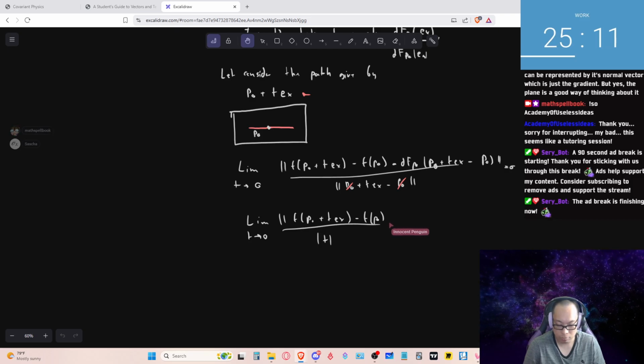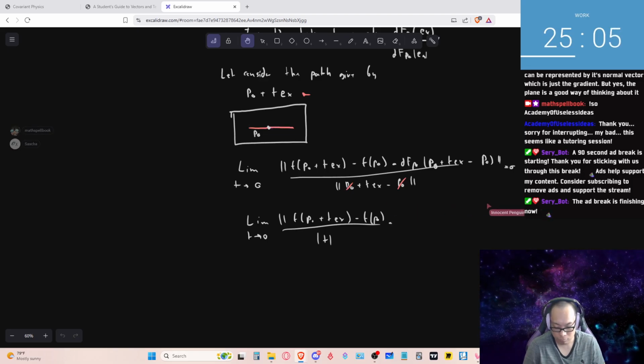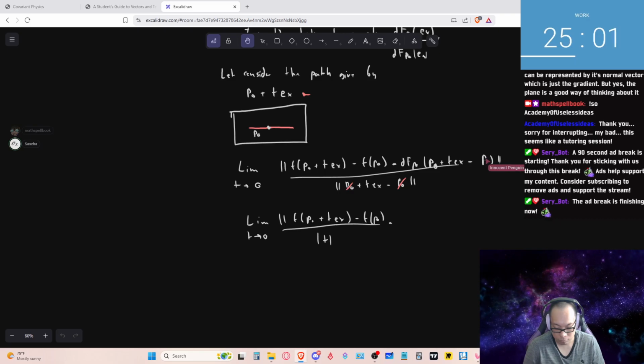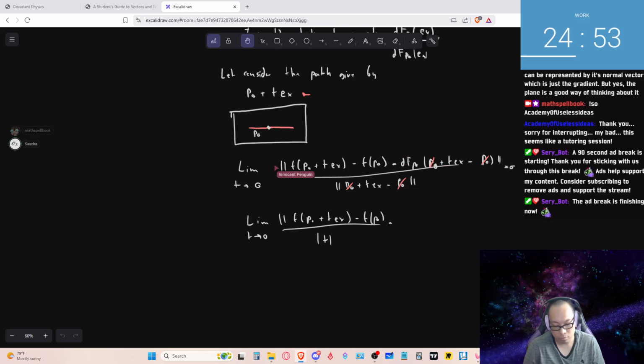Okay. And now on the right side, a similar thing happens. I have P0 and minus P0, so they cancel out. Here I have a T, but this function is linear, so I can get the T out.